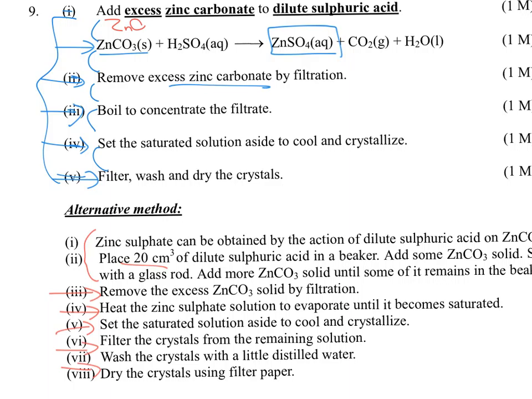So many of you wrote down zinc oxide here, remove zinc oxide, and something like that. Of course, for the term zinc oxide, I will deduct marks. But in fact, in a public exam, you may score no marks. So please read the question carefully about this one.